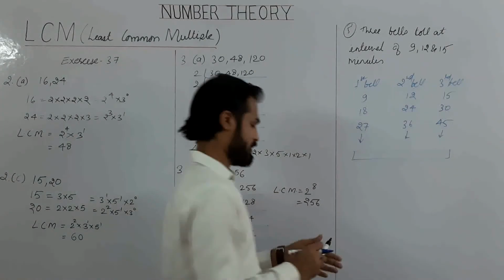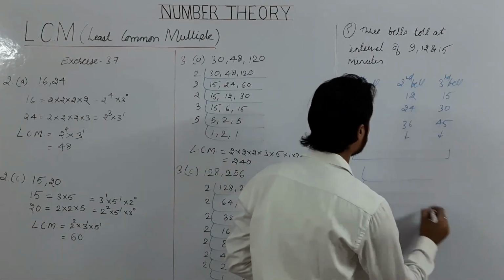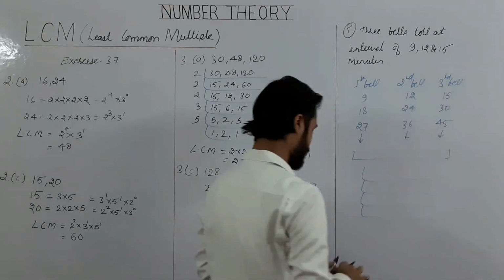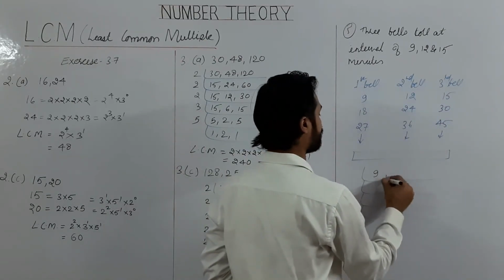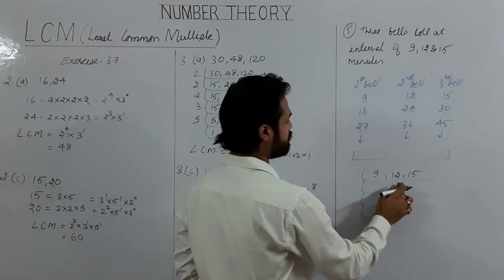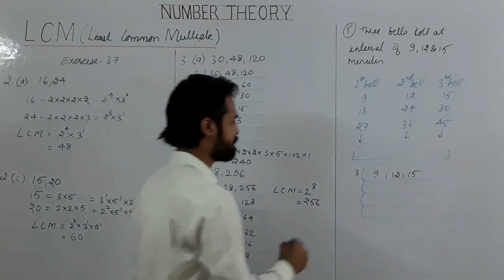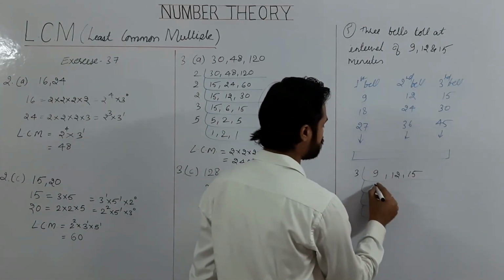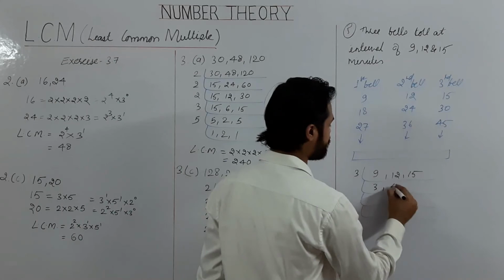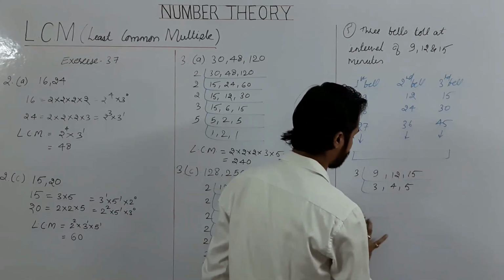So for this problem we are required to find the LCM of 9, 12 and 15. Odd, even, odd. So you have to start from 3. 9 by 3 is 3, 12 by 3 is 4, 15 by 3 is 5.